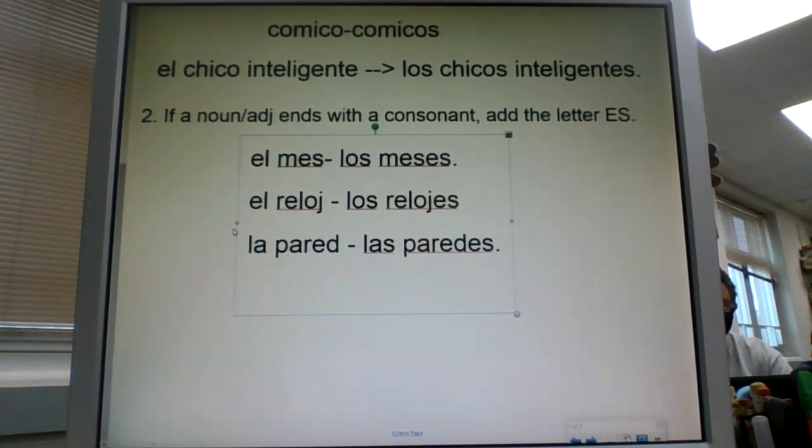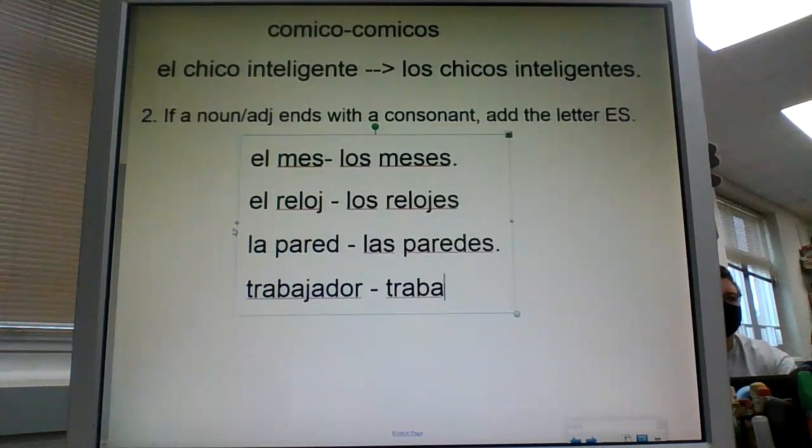And now let's go with adjectives. Let's take a look here. Trabajador. How do I make that plural? Same word, all I gotta do is add the letters ES.